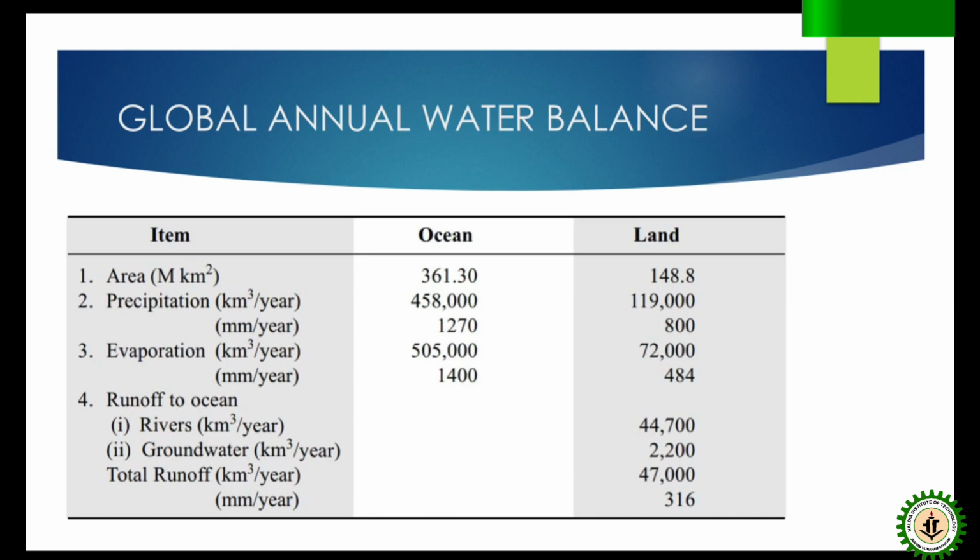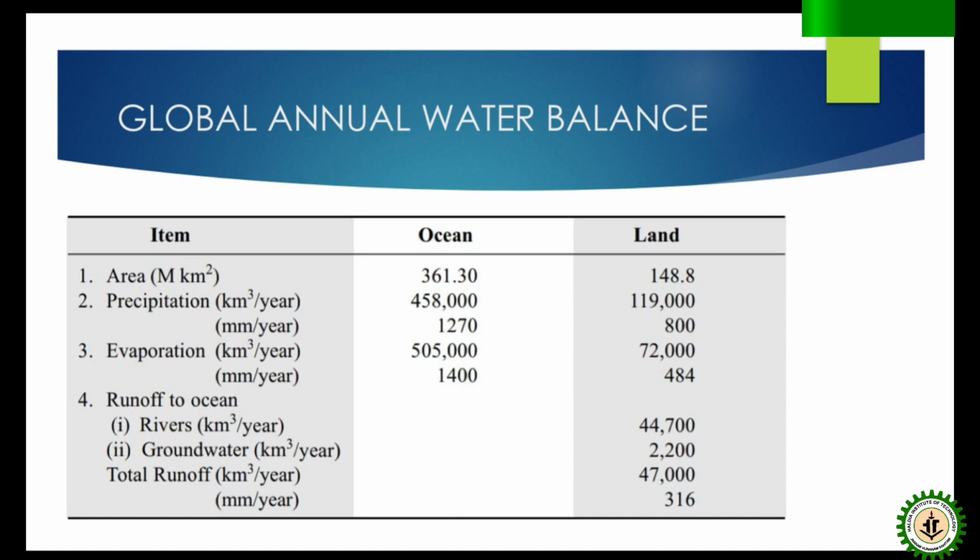In this slide you can see the annual water balance, global annual water balance. That means the ocean area and the land area. Obviously, when the ocean area is more, precipitation is also more on the ocean than on land. You can see how much it is, 4,58,000 on ocean and 1,19,000 on land.